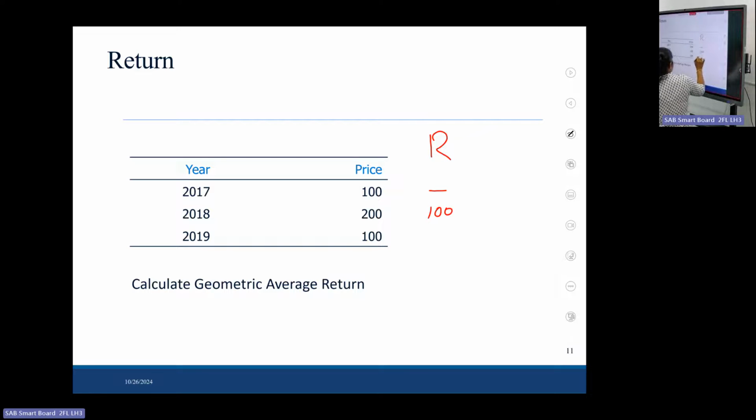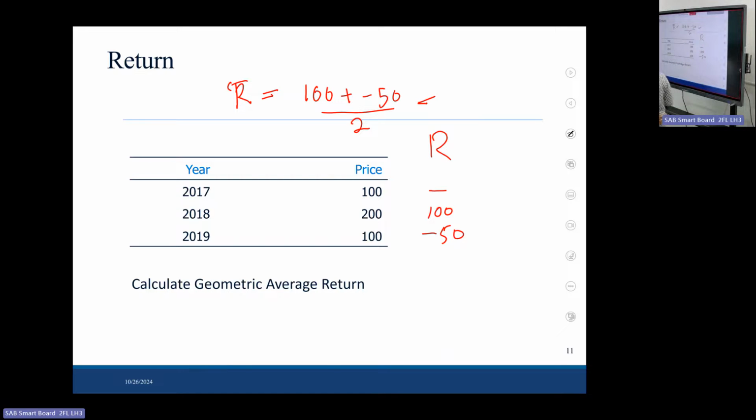The average return you can calculate, R bar, is equal to 100 plus minus 50 divided by 2. Even though you have 3 years of price information, you calculated return only for 2 years, so that is divided by 2. So this is the average return R bar.